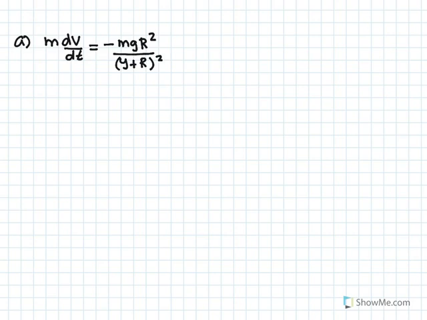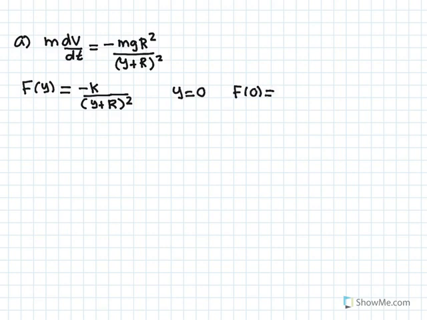We know that f(y), the force of gravity between the object and Earth, is -k/(y+R)^2. But at the Earth's surface, when y equals 0, the force of gravity is downwards, pointing towards the center of the Earth, and it's equal to -mg. That means when y equals 0, the force is negative mg. This allows us to solve for k.